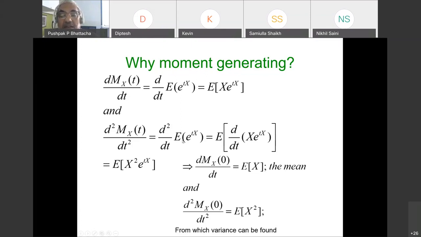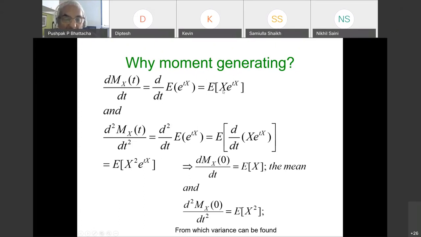When I take the second derivative, I get the expectation of x square e to the power tx. So this kind of taking derivative is pretty general with respect to the nth derivative. The nth derivative of the moment generating function is the expectation of x to the power n e to the power tx. So this is important for us because if I put t equal to 0, then I get the expectation of x on the right hand side.